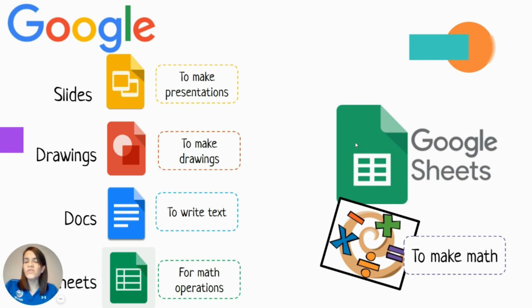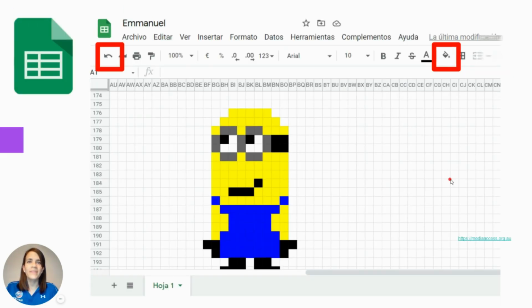Even though it's used to make math operations, we're going to use it not only to make math operations, we're going to use it to make a pixel art drawing. So last class, you learned how to create a pixel art using the Fill with Color tool and the Undo tool. I want to congratulate you all because you were really risk takers, using Google Sheets for the first time.